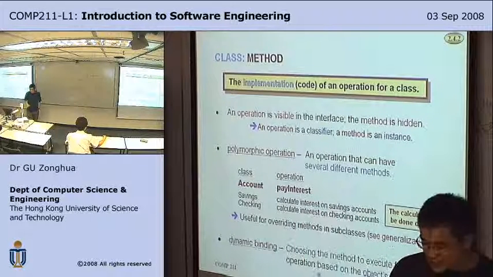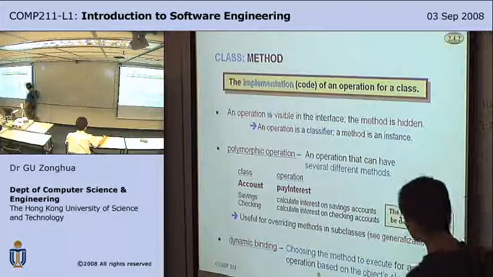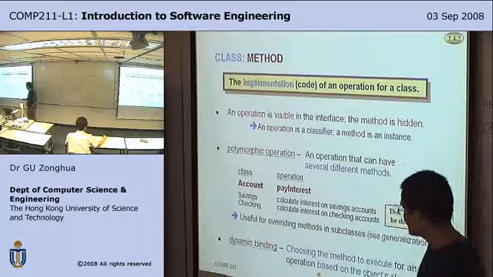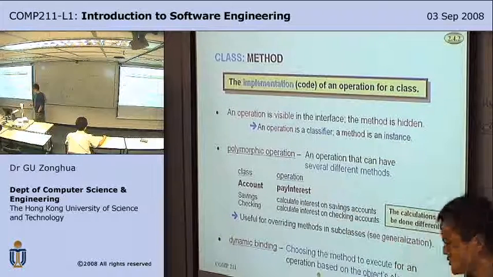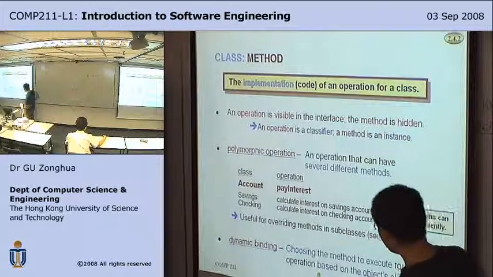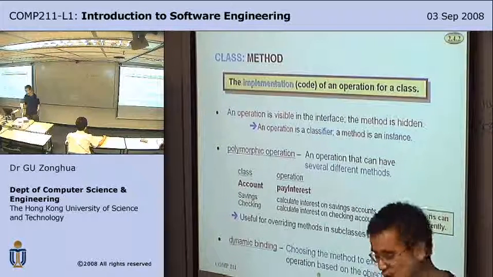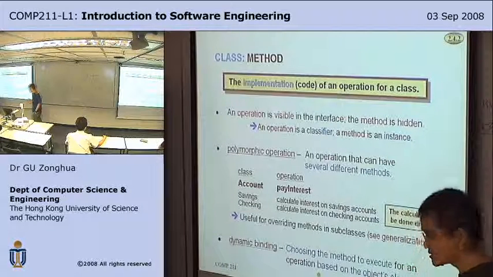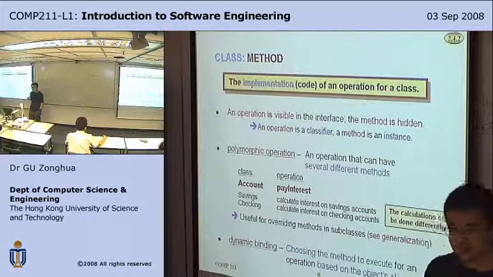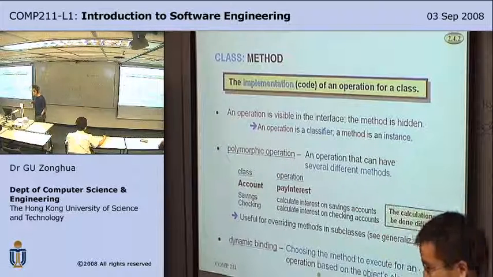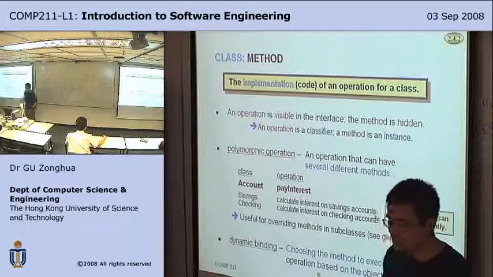Dynamic binding is to choose the methods to execute for an operation based on the object's class. That is, especially if you learned C++ programming, you know that if you call an operation on an object, and this object may have subclasses or superclasses, with different definitions of the methods behind the operation, then which one is called is based on the actual type of the object.